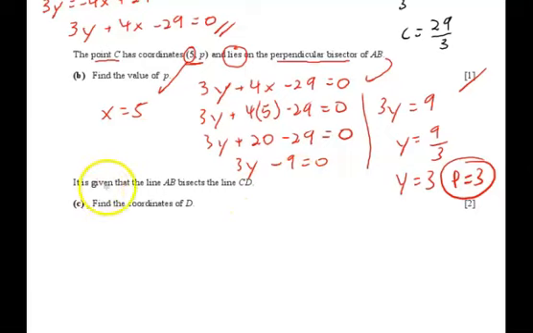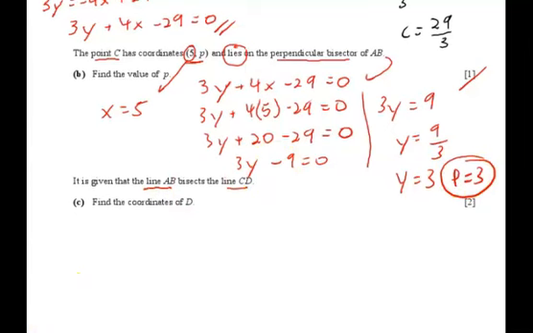Okay, now it is given that the line AB bisects the CD, which means, okay, let us scroll up further up.